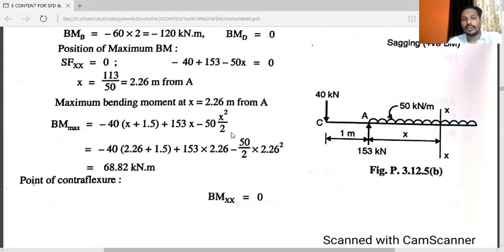So plus 153 into X minus 50 into X, that is intensity, into, it will act at a distance of X by 2. So 50 into X by 2 is nothing but 50 into X square by 2. So the answer will be 68.82 kilonewton meter. That is maximum bending moment.